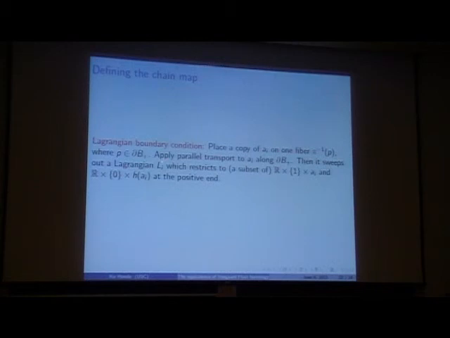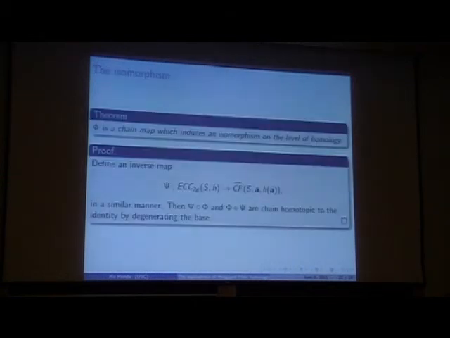Then it sweeps out a Lagrangian, which restricts to a subset of R cross 0, 1, R cross 1 cross A_i, and R cross 0 cross H of A_i at the positive end. It's not too hard to show that P is a chain map. The claim is that it actually induces an isomorphism on the level of homology.